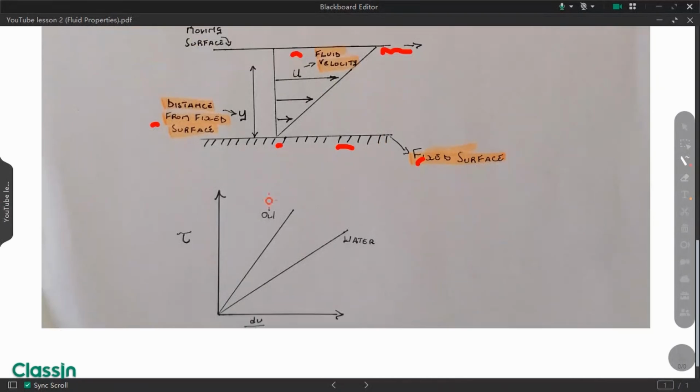When you look at this graph, we have tau, which is the shearing stress, and then we have oil and water. You see water moves faster when moving up from the stationary surface. Compared to water, oil has a higher viscosity.